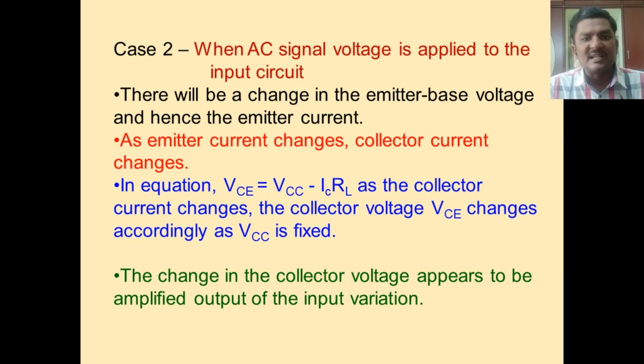So as emitter current changes, collector current also changes. And according to Kirchhoff's second law, VCE equal to VCC minus IC into RL. In this expression, what happens if IC changes?